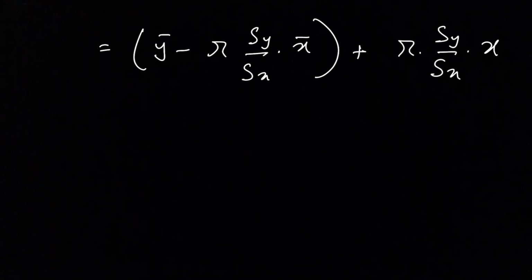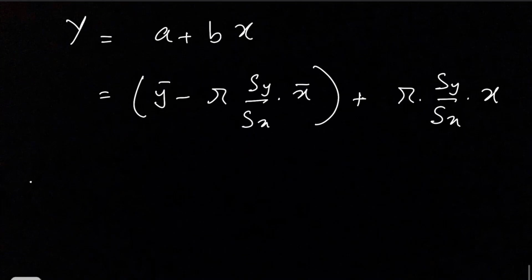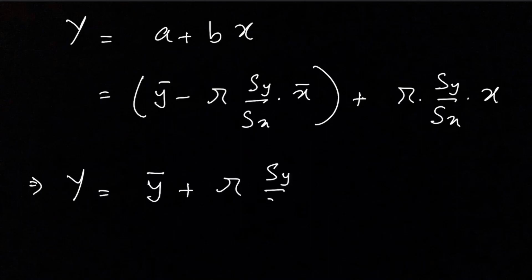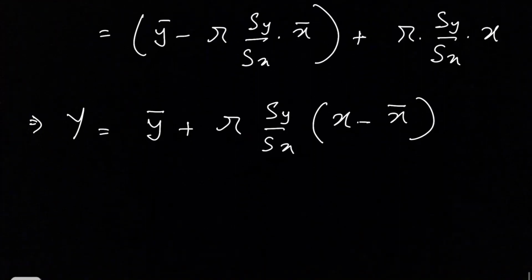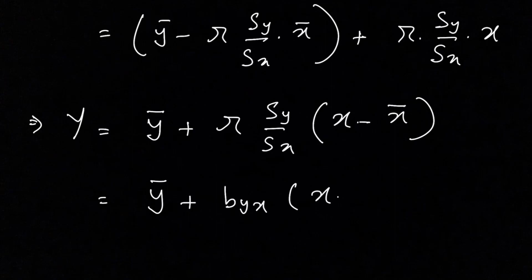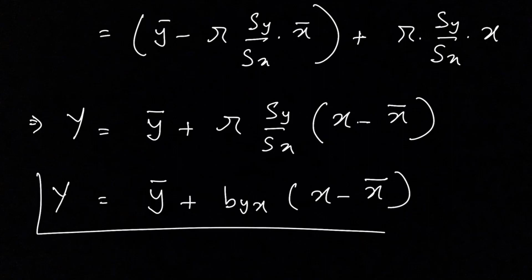So if you just rearrange the entire thing, therefore y becomes y bar plus r times sy by sx times (x minus x bar). So this could also be written in the form of y bar plus byx times (x minus x bar). So this is the final result.